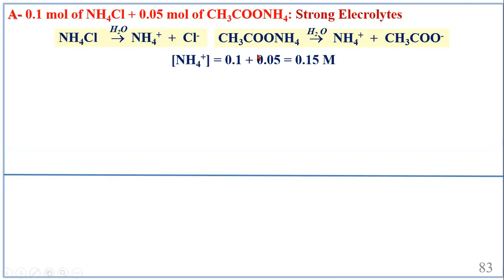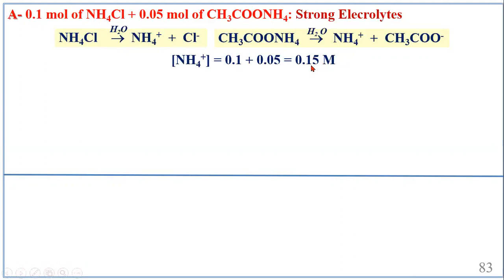What is the total? Everything is now mixed in my solution, right? So I have these ions of the two mixed in one pot, and it's forming a 1 liter solution. So finally I could get a concentration here. I have 0.1 moles of ammonia from here, 0.05 from this side, and so I have a total of 0.15 moles divided by 1 liter solution.